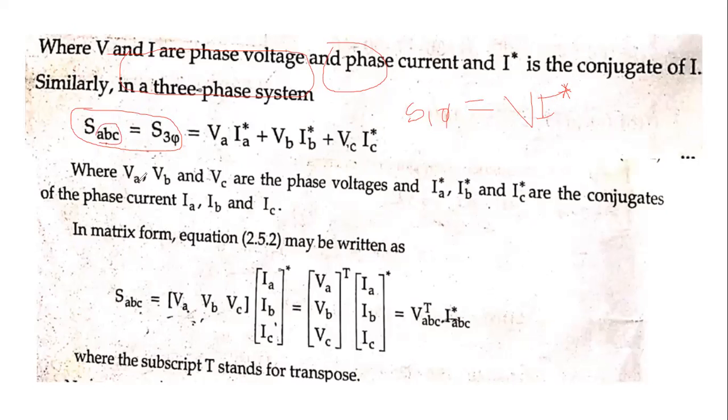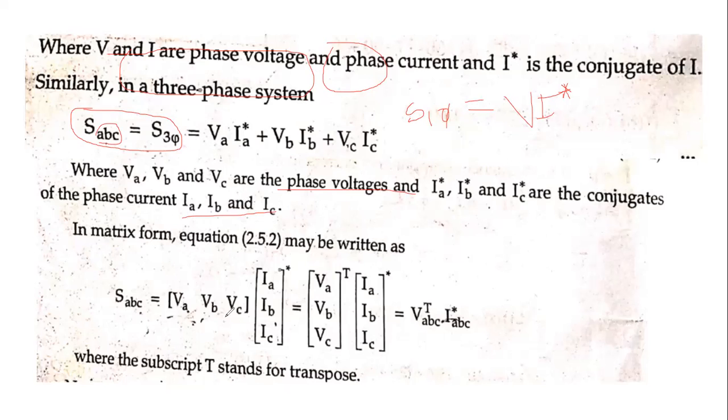VA, VB and VC are the phase voltages, and IA conjugate, IB conjugate and IC conjugate are the conjugates of the phase currents IA, IB and IC.